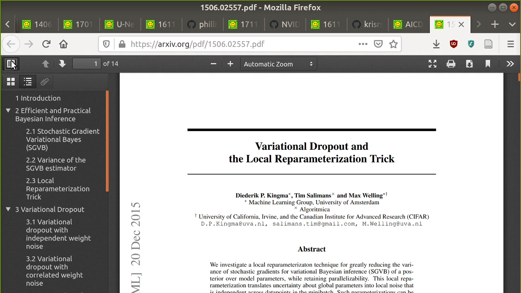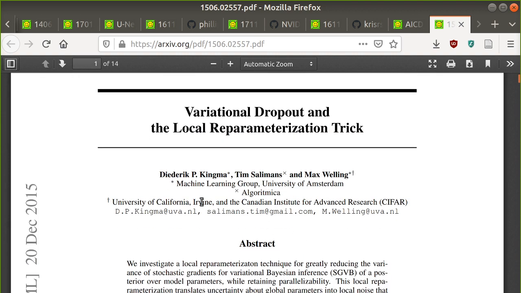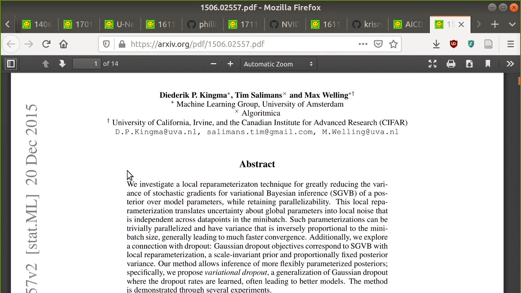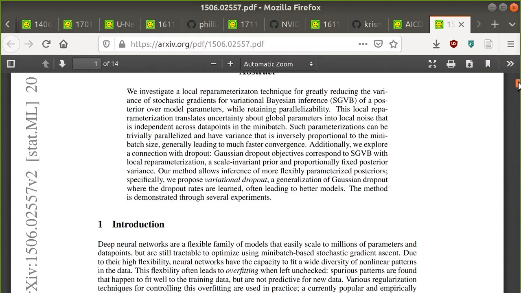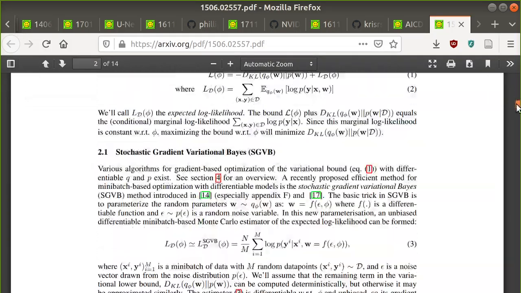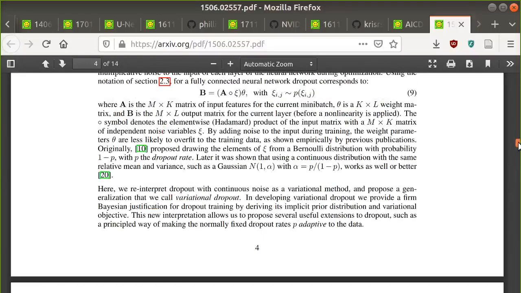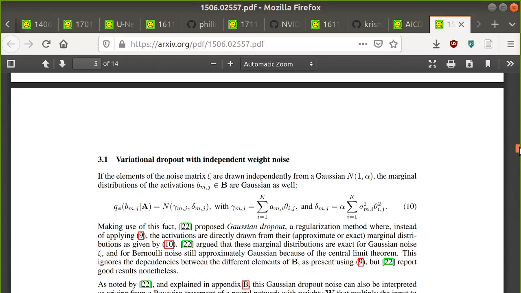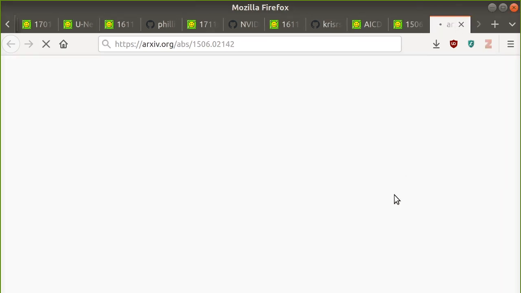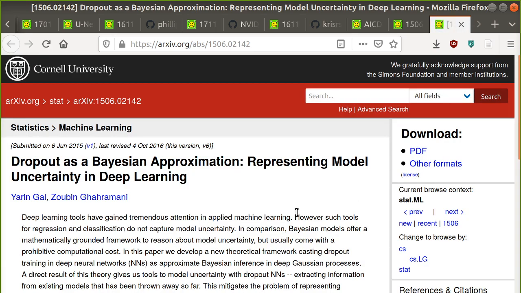Kingma and Welling, some of the most ubiquitous names in machine learning. There's a very good chance that they have something interesting to say in this paper. Okay. And Tobias is pointing out another paper relating dropout to Bayesian variational inference. Okay.